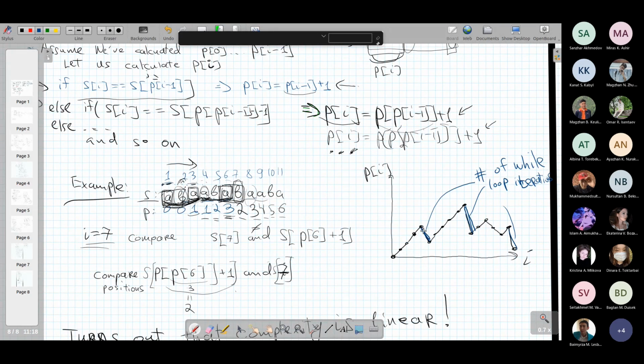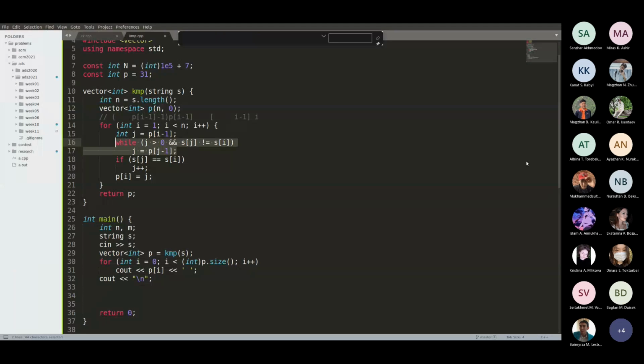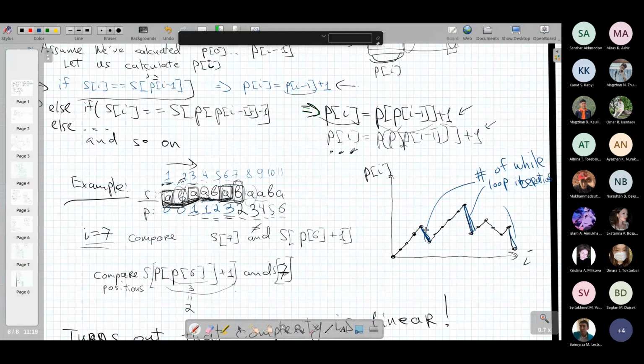On the one hand, these are just the drops of the prefix function; on the other hand, we can see from the code that this is where the prefix function loses its magnitude. So the number of drops is the number of loop iterations, but each step the prefix function increases by 1. We have n steps, and it is at most 1, right? So it cannot have more than a linear number of falls.